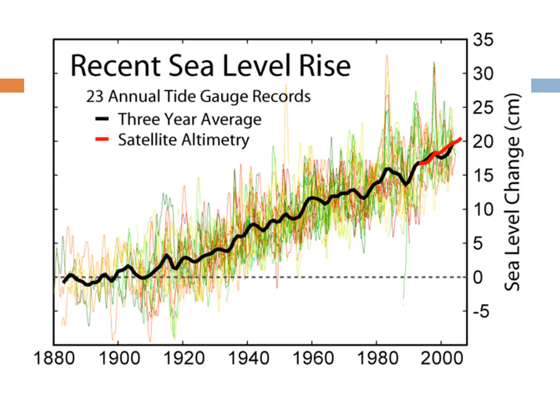This figure shows an example of sea level rise that is analyzed from a number of tidal gauge records from 1880 up to year 2000, where for this particular location we can see that over this more than 100 years, the water level has risen by about 20 centimeter.